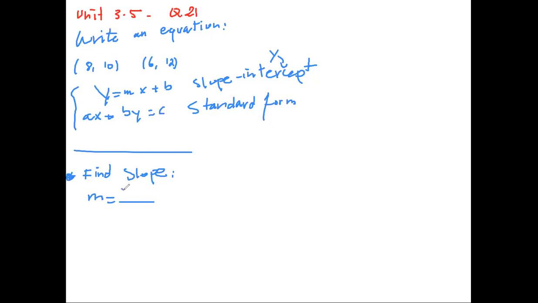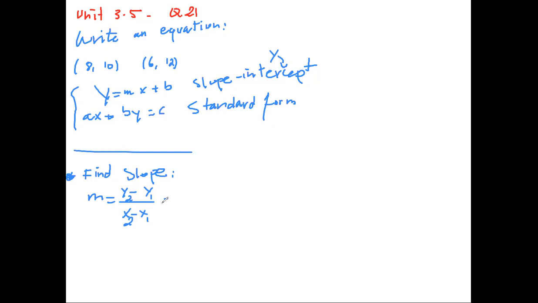Y. That's right. y minus y. Exactly. And the bottom? x. Very good. So if we have 2 points, we can use those 2 points to basically find the slope. Once we find the slope, we'll see how to complete the equation or how to find the y.